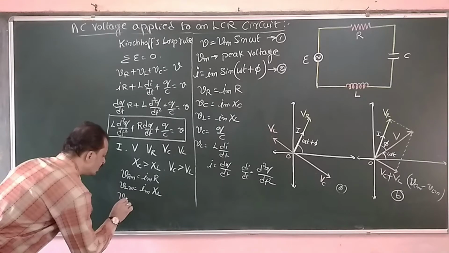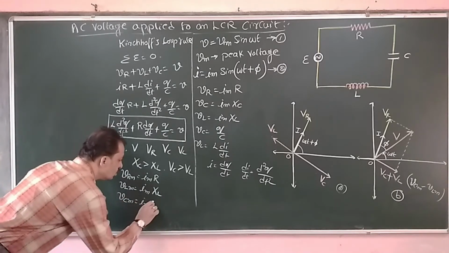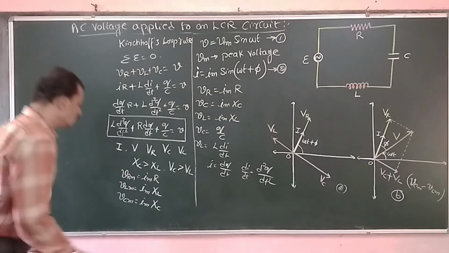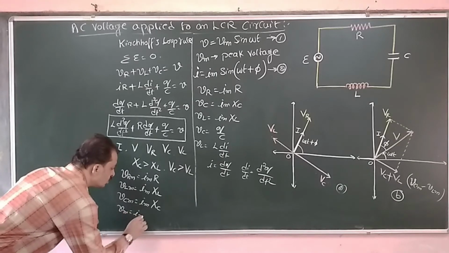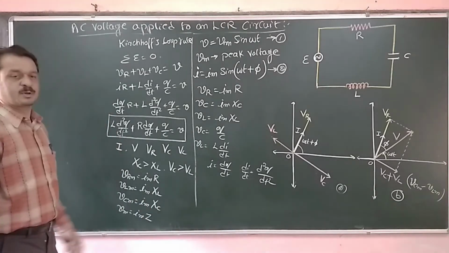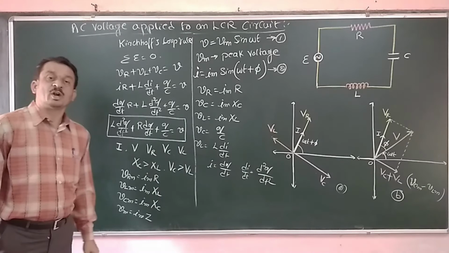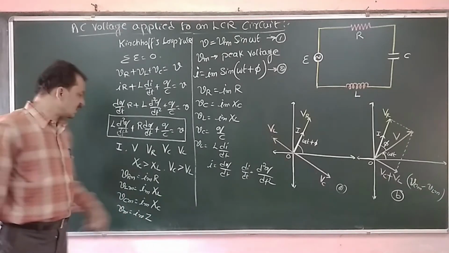Peak value of voltage across the capacitor, VCM, is equal to IM into XC. And peak value of the applied voltage, VM, is equal to IM into Z, a new concept that is called impedance, that we will study later onwards.